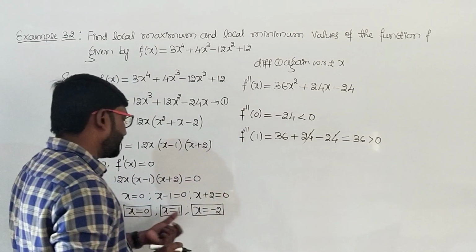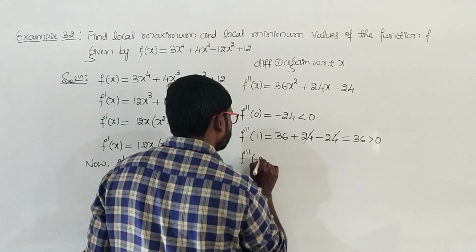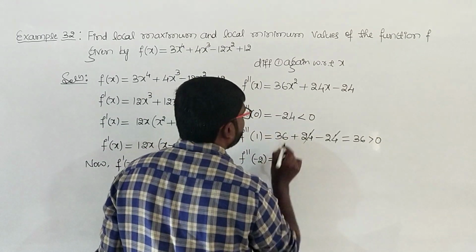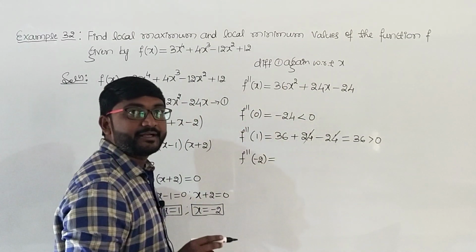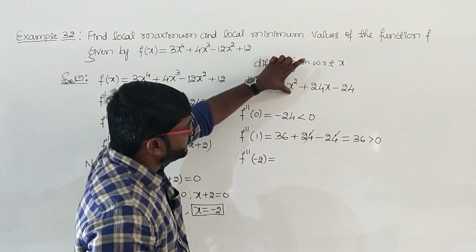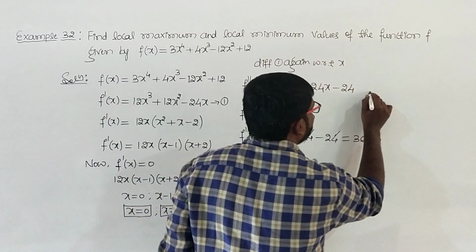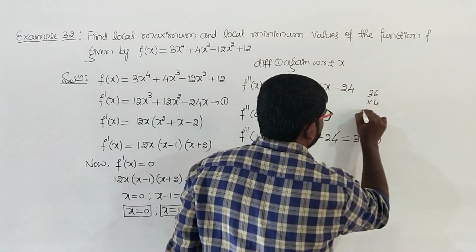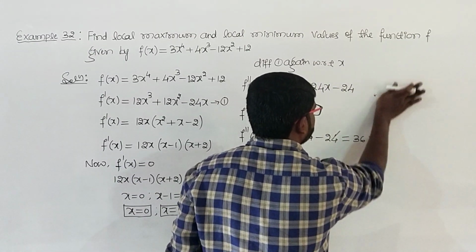I'll go for the last point now, x equal to minus 2. F double dash of minus 2 means replace x by minus 2. Minus 2 square will be 4. 36 into 4, how much do we get? You get 144.